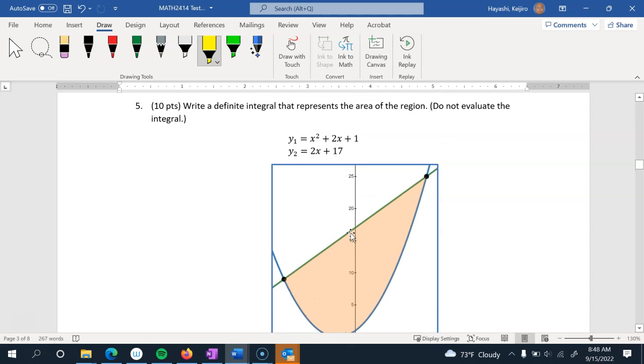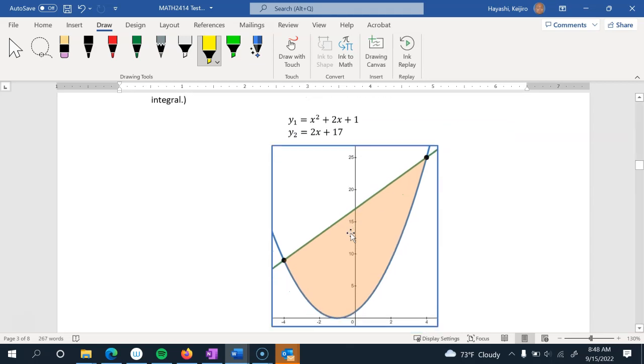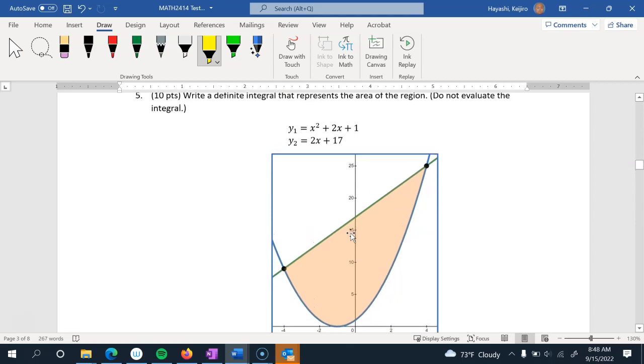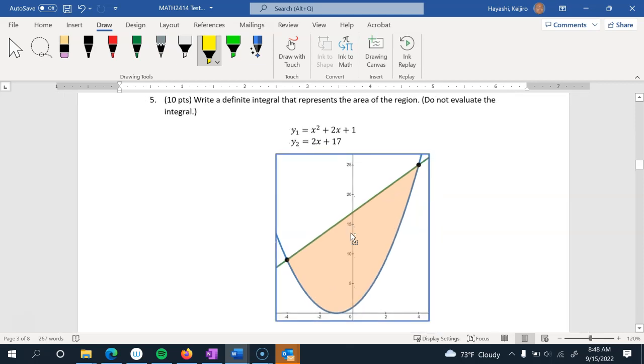These are two equations, and their graphs, and the region in between them is highlighted. And you're meant to write a definite integral that represents the area of that highlighted region.